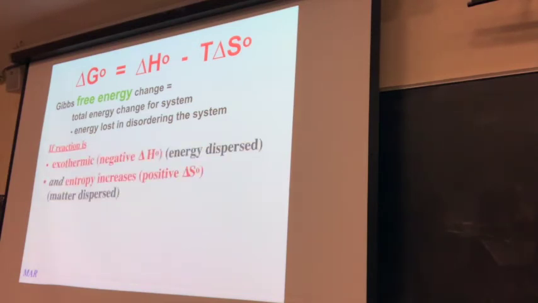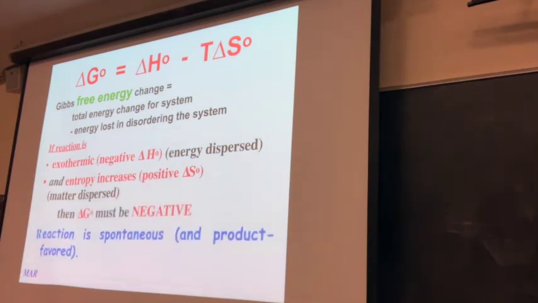If you have an exothermic reaction, then that means your delta H is going to be negative. And if you also have an entropy increase in the system, so your delta S value would be positive, however, then you multiply it by negative T. Notice that if you have both of these, you're always going to get a delta G which is negative. So exothermic means delta H is negative.